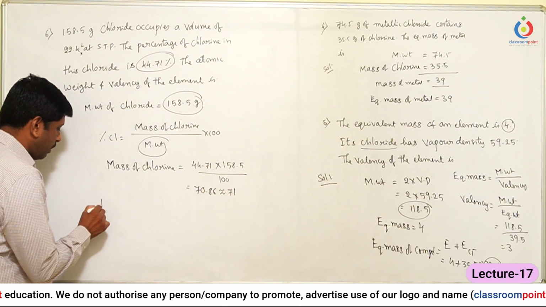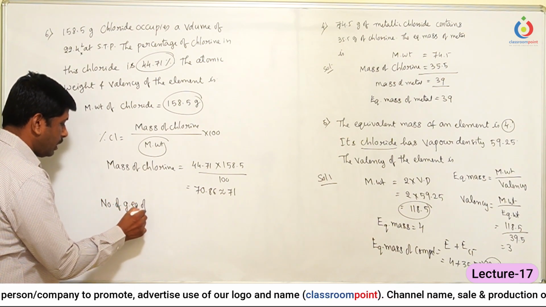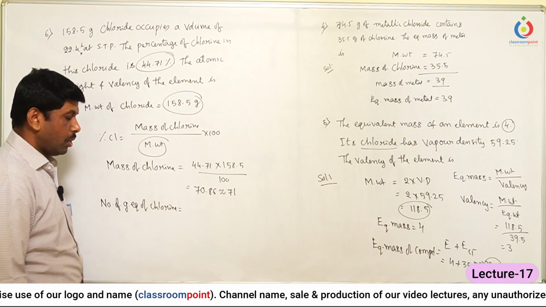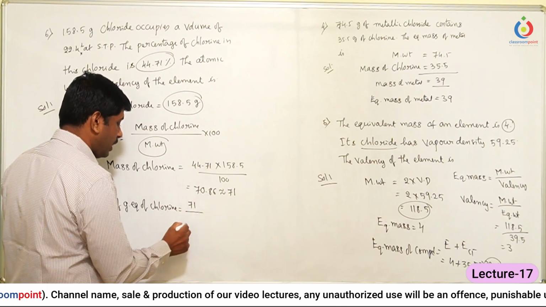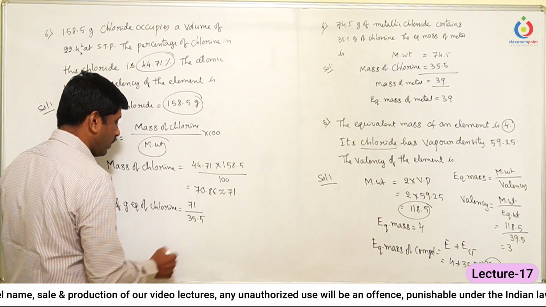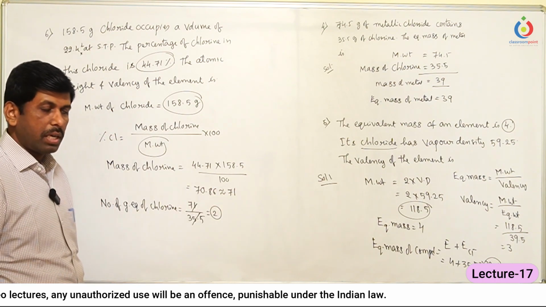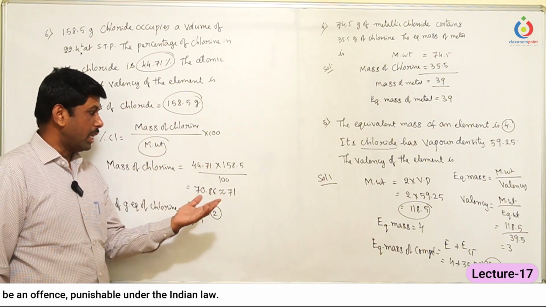So let's calculate the number of gram equivalents of chlorine. How to calculate? Weight by equivalent weight, 71 by 35.5. So how many equal parts are there? 2 equal parts are there. That means obviously the other element also will have the 2 equal parts.